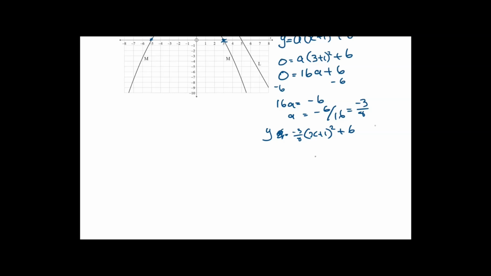So x plus 1 squared is going to be x squared plus 2x plus 1, times negative 3 over 8. x squared, plus negative 6 over 8 x, negative 3 over 8 plus 6, and 6 minus 3 over 8.